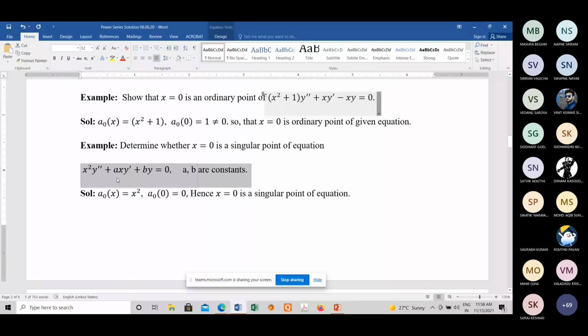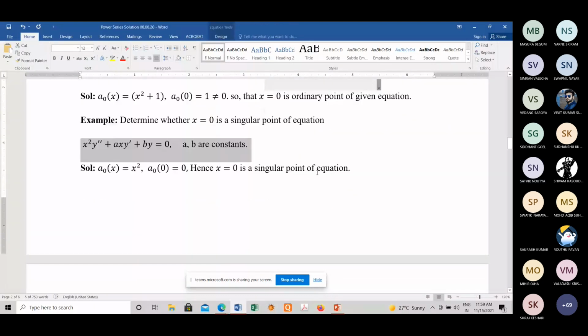Now, is p x, which is a divided by x, analytic at x equal to 0? Satvik? No, sir. So it is not analytic at 0. In this case p x, a divided by x, is not analytic at 0, and q x is also not analytic. So x equal to 0 is known as a singular point.